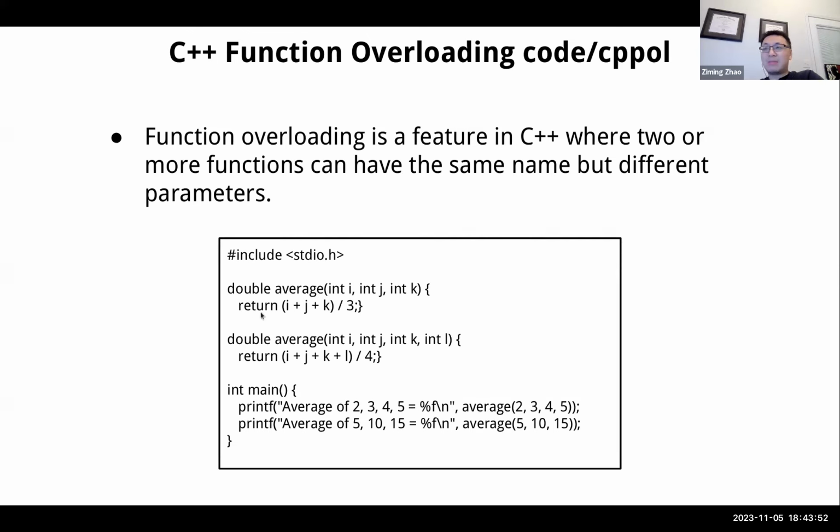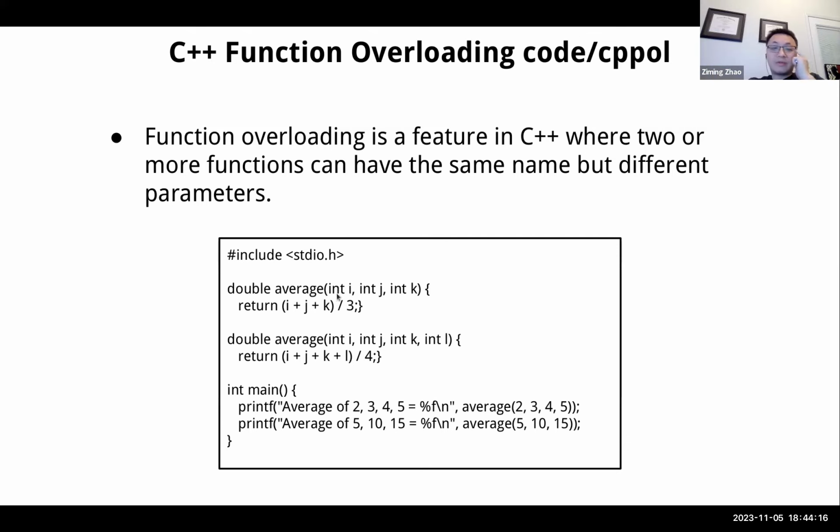They may or may not have the same return value, but they must have different parameters. Even though at the C++ source code level the functions have the same name, after compilation they will be compiled into totally different functions.